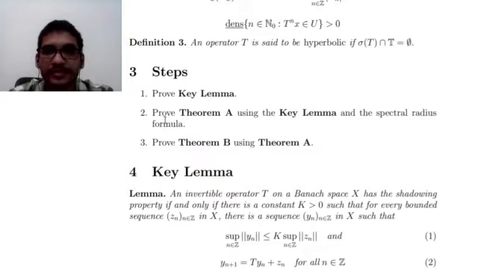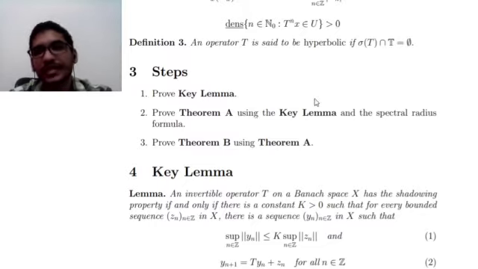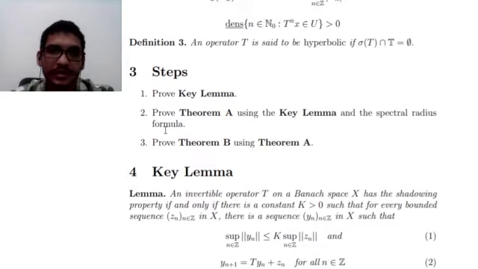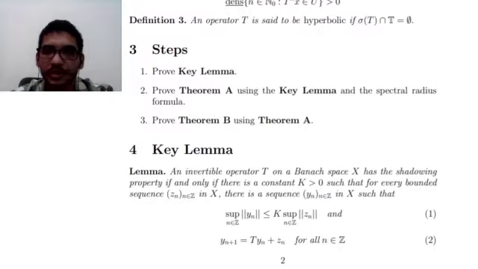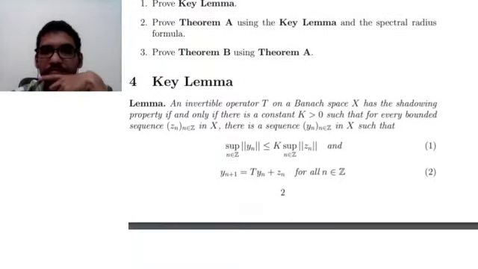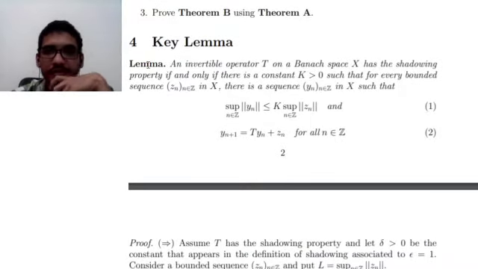Okay, the second step will be to prove Theorem A using the key lemma and the spectral radius formula, and the third step will be to prove Theorem B using Theorem A. Okay, the key lemma is just a name that I gave to one lemma. Okay, it is this lemma here.